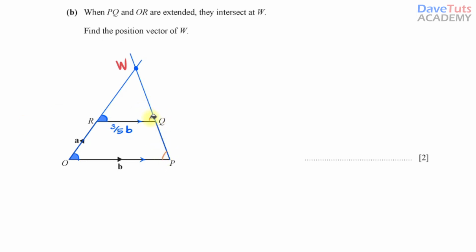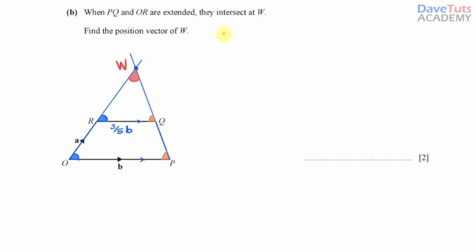They are also the same. They are corresponding angles. Look at them facing the same way. And then, as good and as easy as it gets, this angle at W is common to these two triangles that we are looking at, WRQ and WOP.